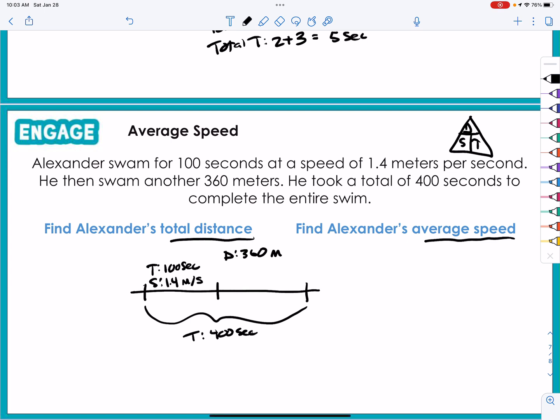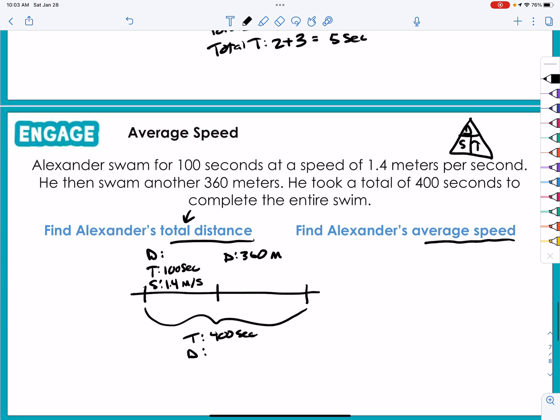So now if we want to find his total distance, we need to figure out, we don't know his distance for the first part. But I know for my triangle that if I know time and speed, I can calculate distance, because distance equals speed times time. So for that first part, they give us those first two values, so I can calculate that second one and get that missing piece of distance data.